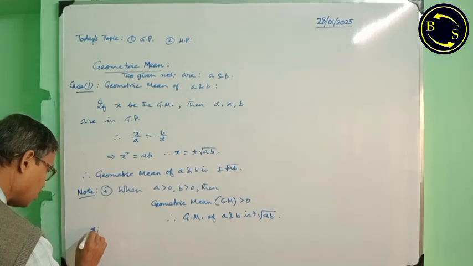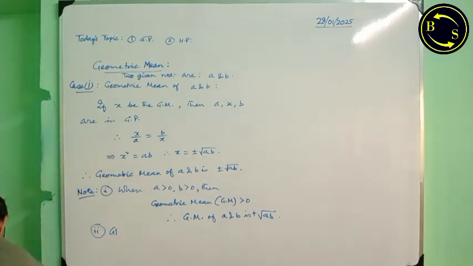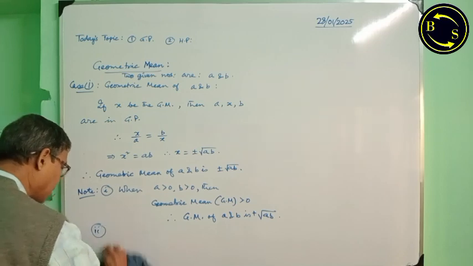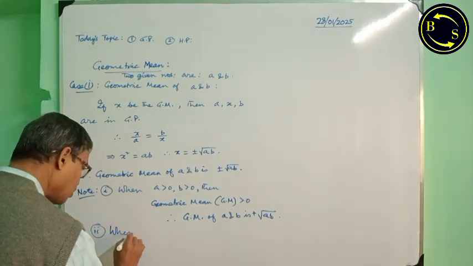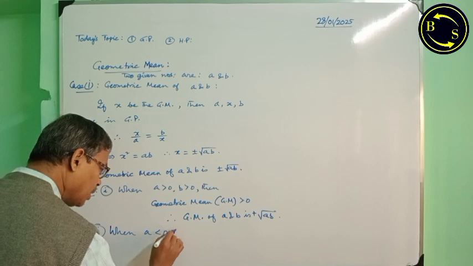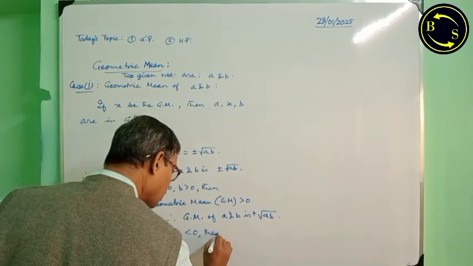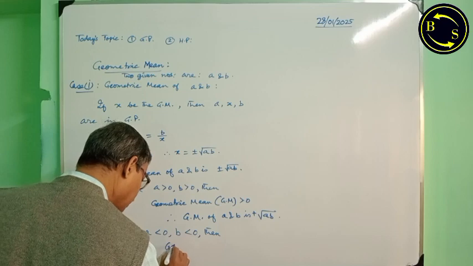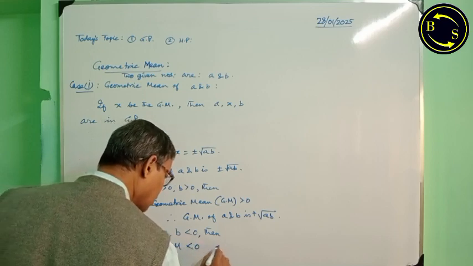And when A, B both are negative, then GM, geometric mean, is less than 0.